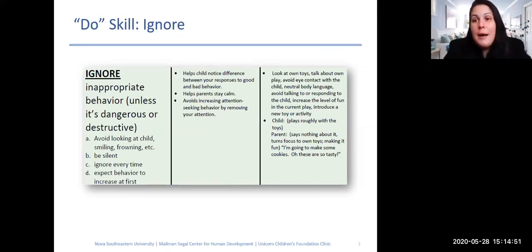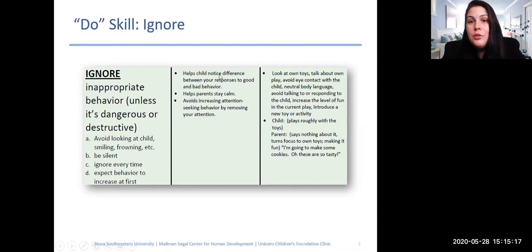What I've noticed in the past is if I continue to ignore, the extinction burst gets so much that it just bursts, and then it goes back down. So you want to make sure parents understand that the behaviors will go up, but eventually they will go back down. Ignoring my dog, he'll yip, he'll bark, and then he just walks away because he knows I'm not going to attend to him. I'm not going to give him anything that he wants.